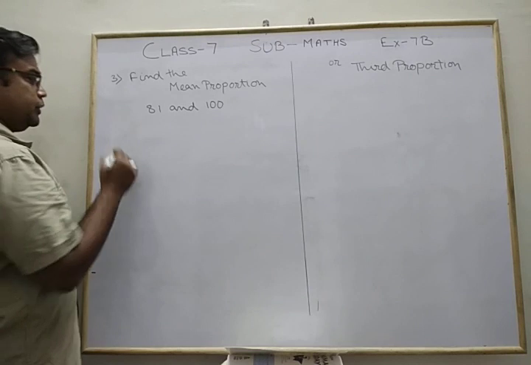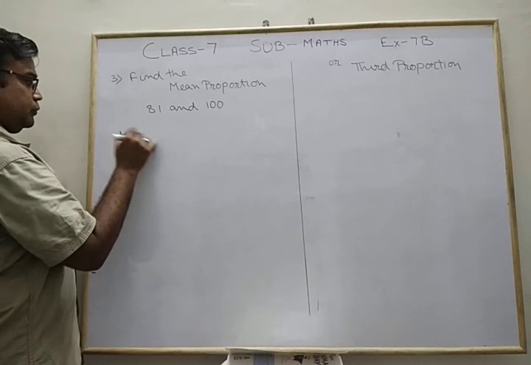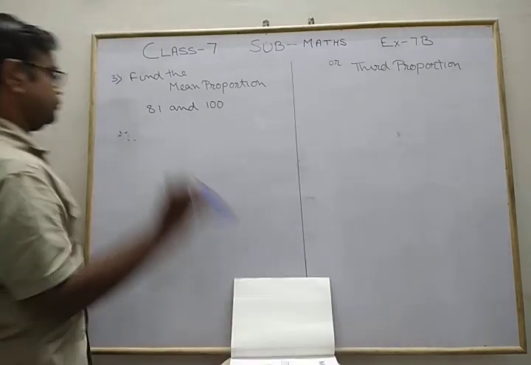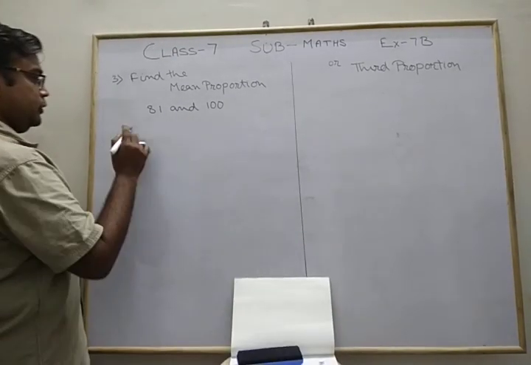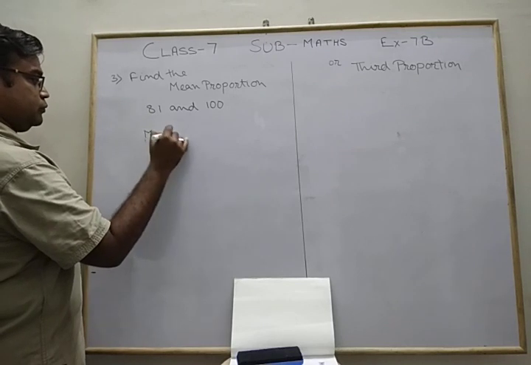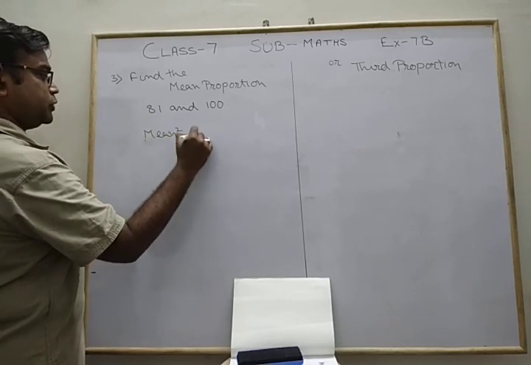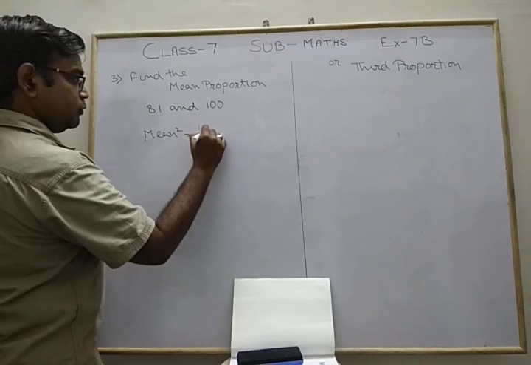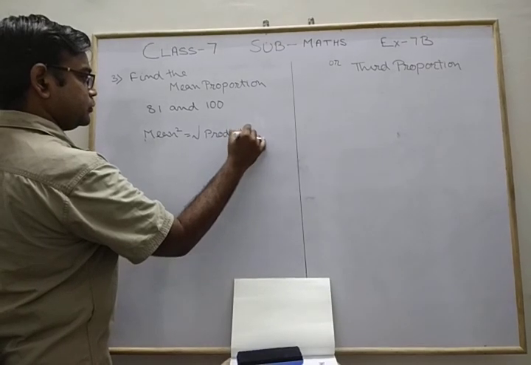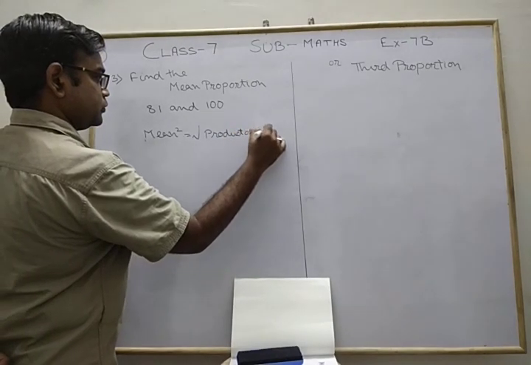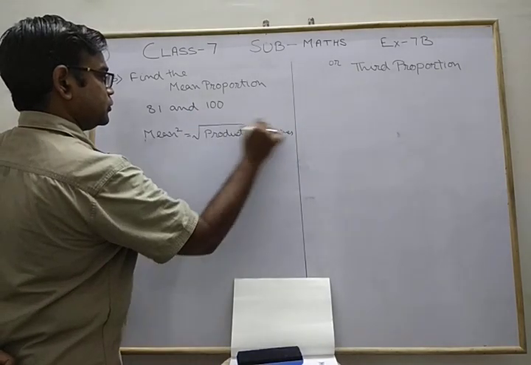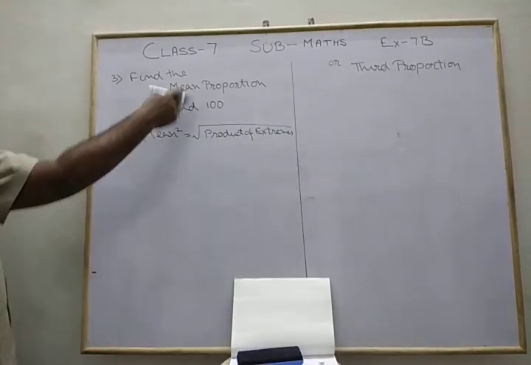From the formula we know that b square, or mean square, equals the product of extremes. Here the mean is the same.